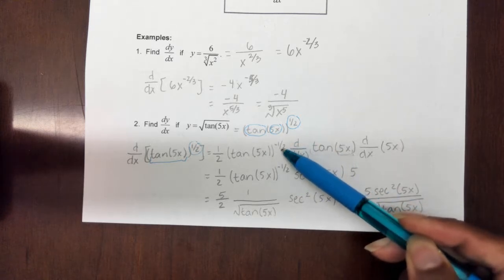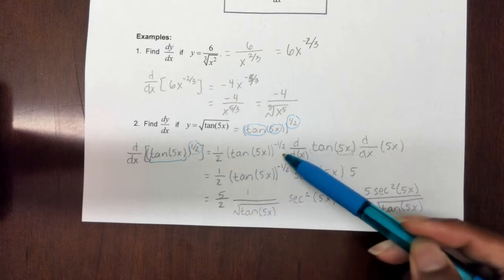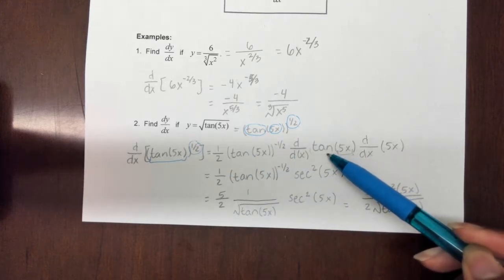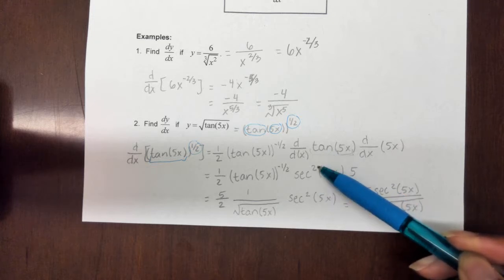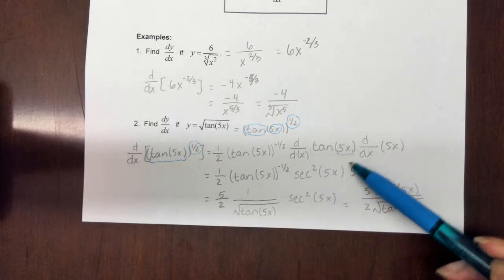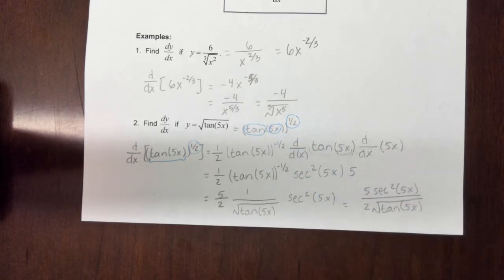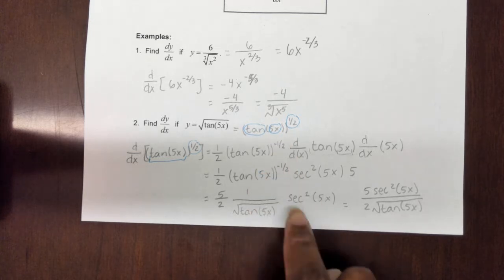So the derivative of the exponent would have been 1/2 and the negative 1/2. The derivative of the trig function is secant squared, and the derivative of the x term is 5. So for each separate piece in our function, we want to find the derivative of each piece.